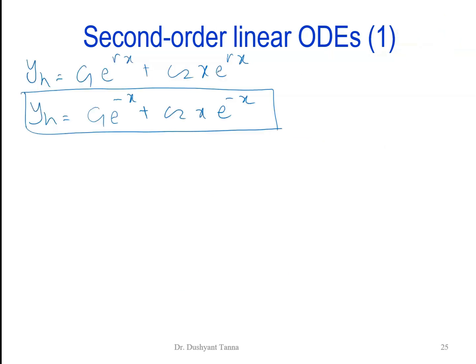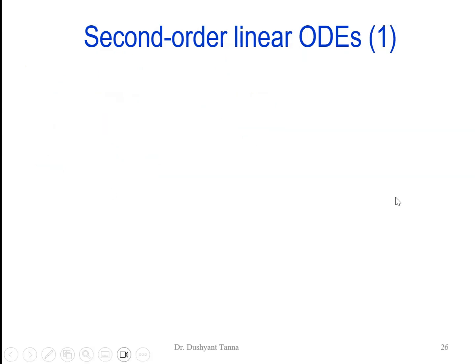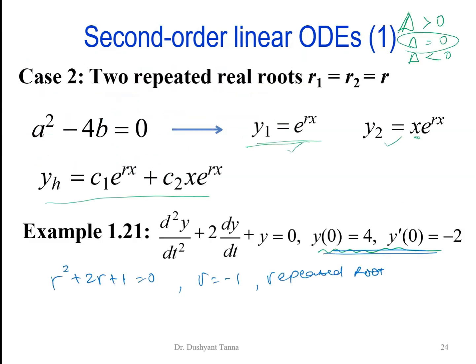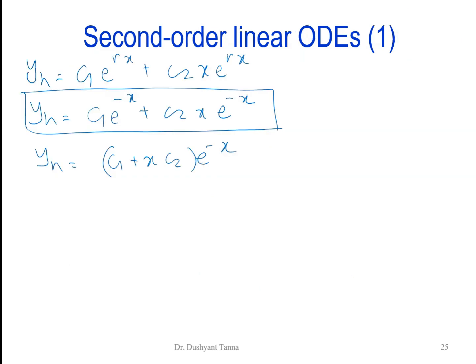Now, if I rewrite this, my YH or Y will be C1 plus X C2 e raised to minus X. The question was in T, it was T. I should write T, sorry, my bad.